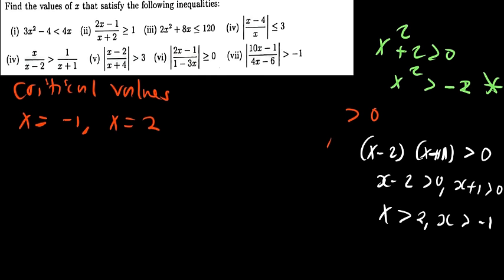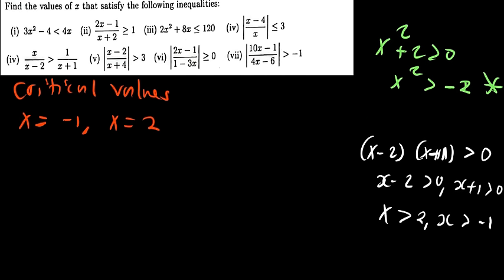Next, we need to understand that the moment you have got your critical values, you come up with a table now. But again, I want you to remember what we had, because we are going to use that.